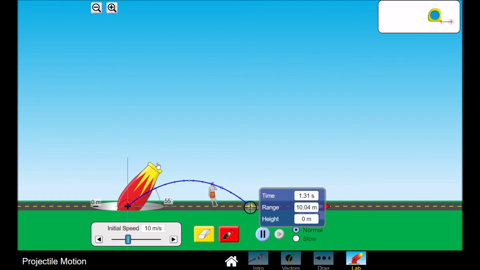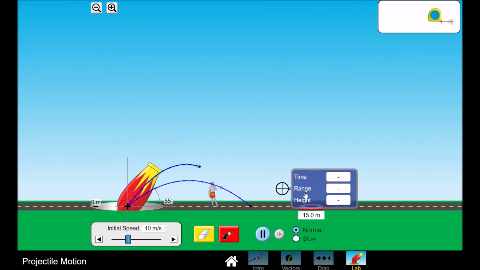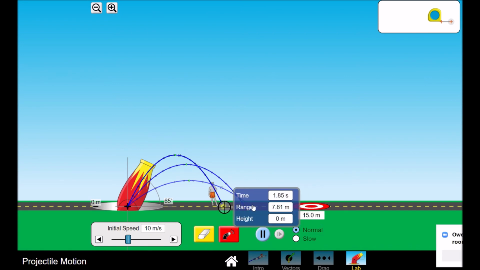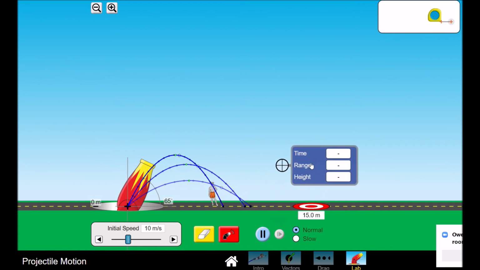Let's increase it. That's 1.67 seconds. So you can see by increasing the angle of launch, we'll try it again, you have increased the total trip time.